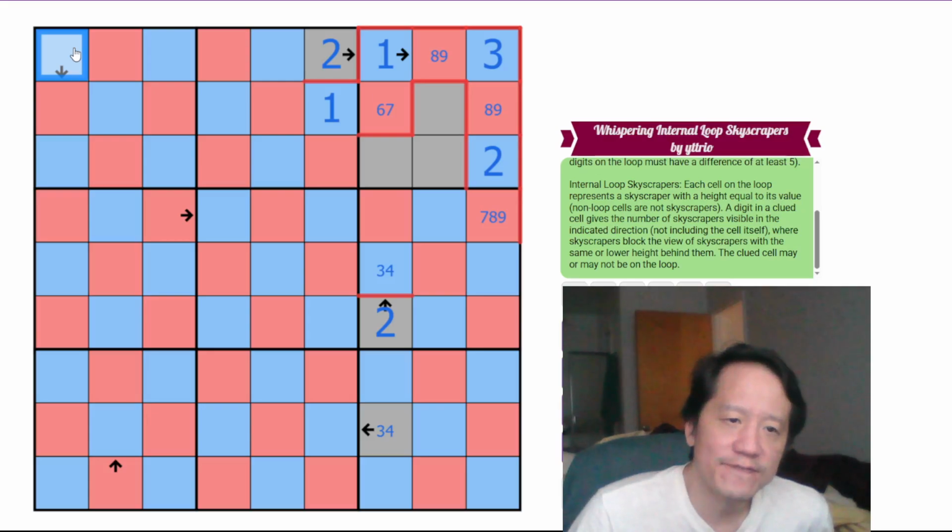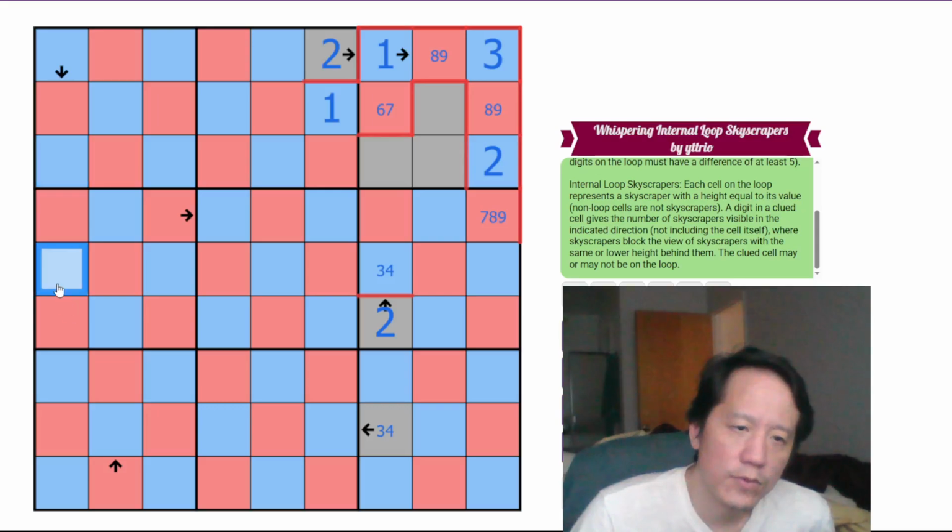This it could see 4 or 5. Actually, can't even see 5. It could see 1, 2, 3, 4. That's possible. Or 1, 2, 3, 4.